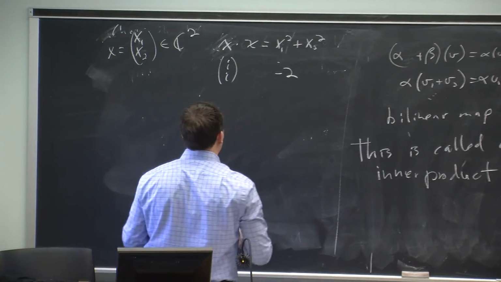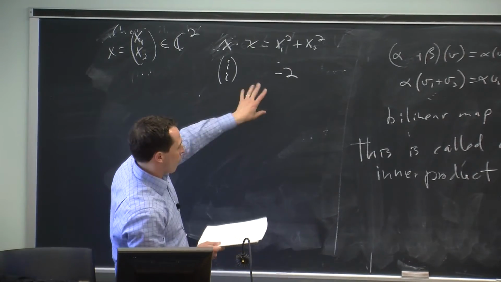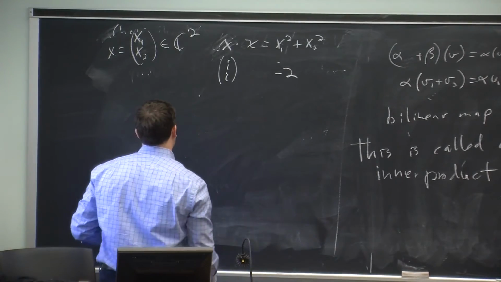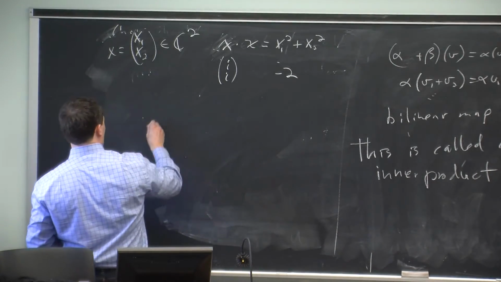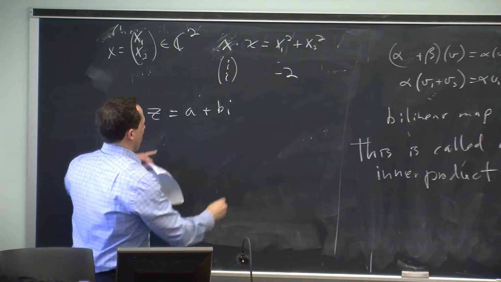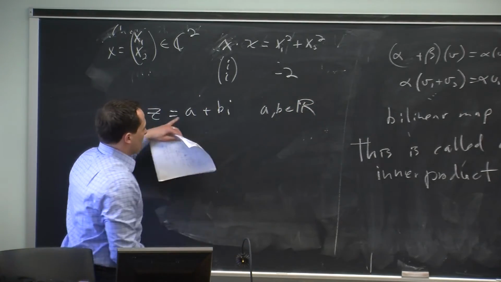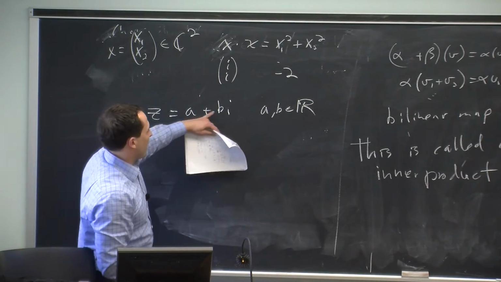Complex numbers make not very satisfying lengths, right? So we have to adjust our formula somehow so that doesn't happen. And we could do that using complex conjugation. So if you remember, if I have a complex number, I can always write it as a plus bi, with i the square root of negative 1, a and b both real.